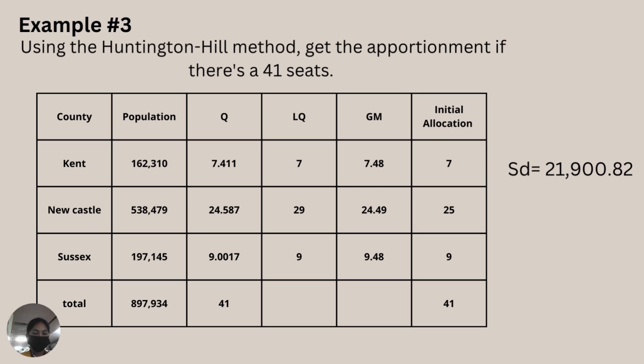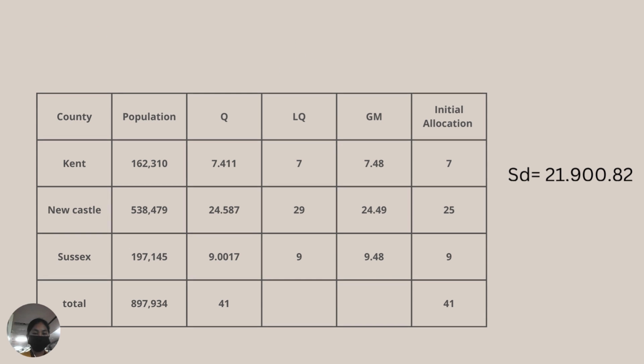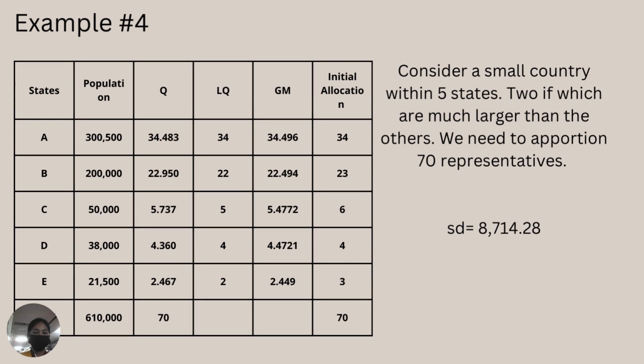So our quota is 7.411, 24.587, 9.0017, and our lower quota would be 7.2989. Our geometric mean would be 7.48, 24.49, 9.48, and our initial allocation is 7, 25, 9. The number of seats is 41. They are balanced.